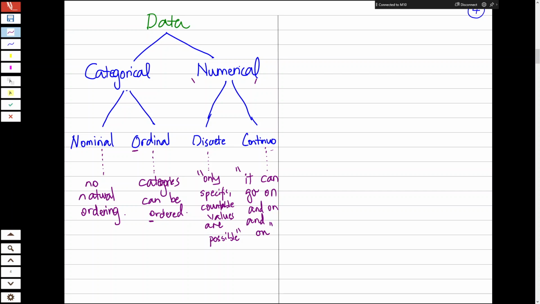Okay, so the way that I'm going to try to explain this to you is discrete means only very specific values are possible, and usually you can count them. So if I ask you a question such as how many, often the answer is going to be a whole number.